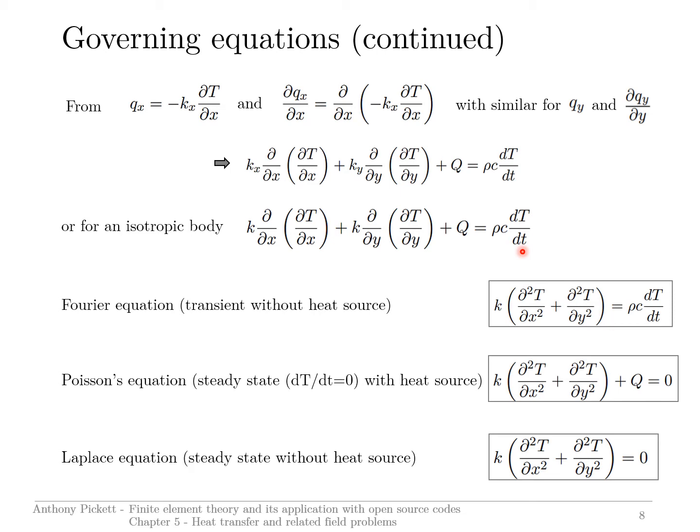There are variations of this equation. So for example, the Fourier equation considers transient flow without a heat source. So we have this. The Poisson's equation is for steady state with a heat source. So this becomes our governing equation.